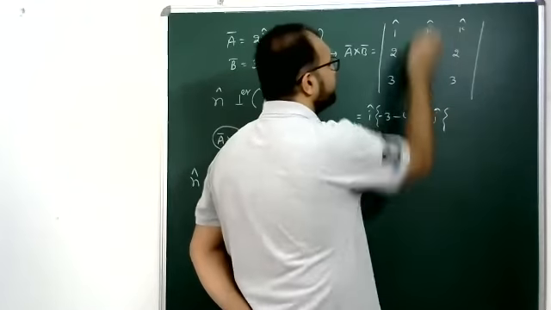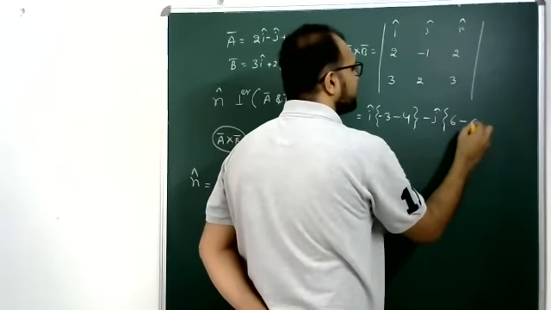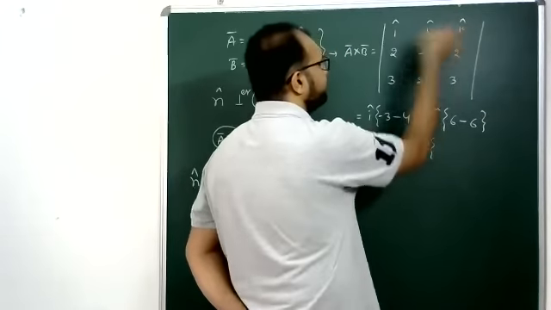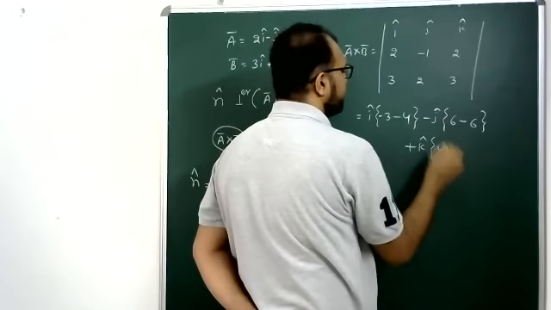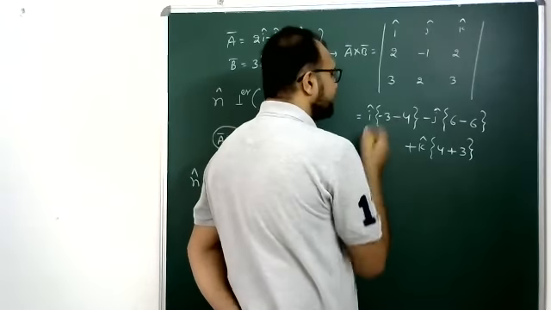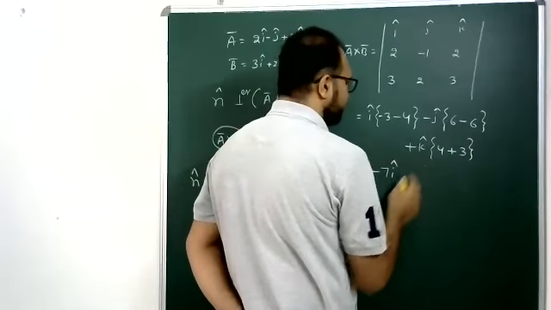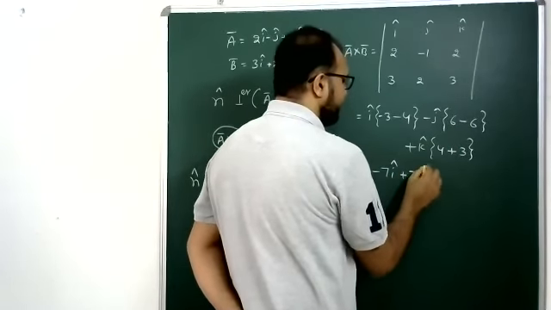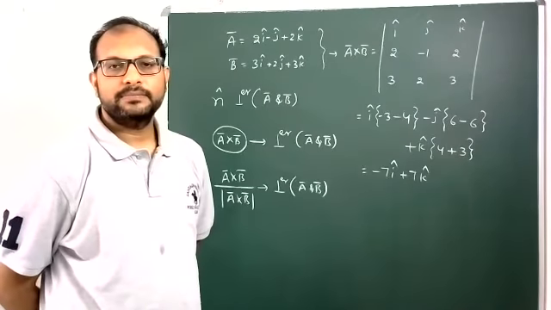Minus J cap: 2 into 3 is 6, minus 6 is 0. Plus K cap: 2 into 2 is 4, minus, that is plus, 3, so 7. So -7 I cap, no J component, plus 7 K cap. This is only A bar cross B bar.